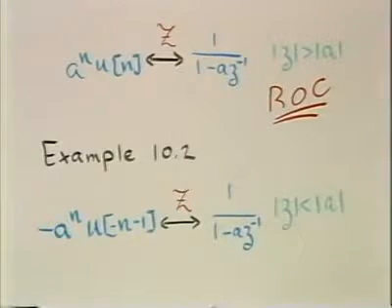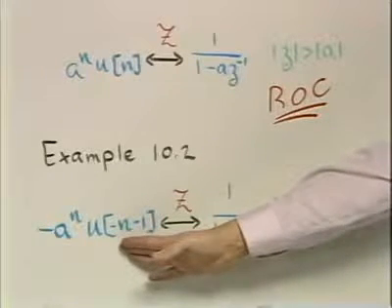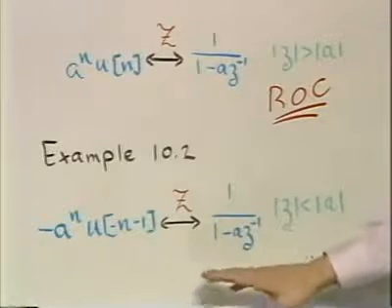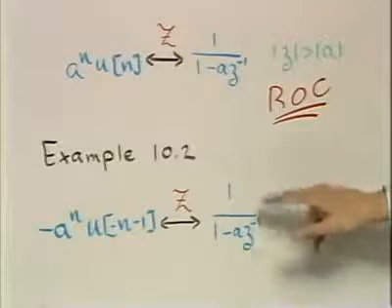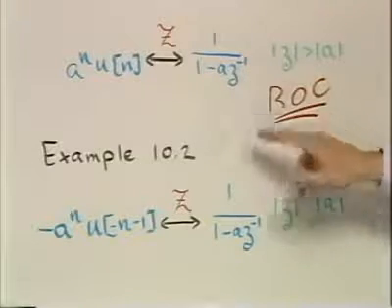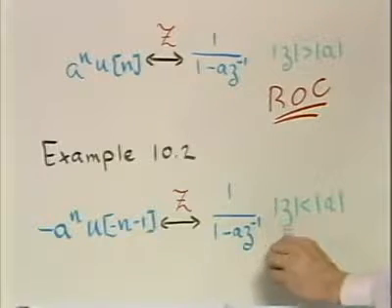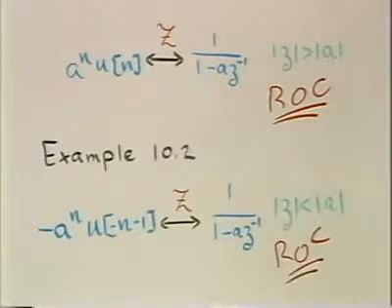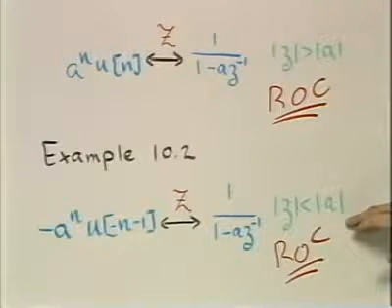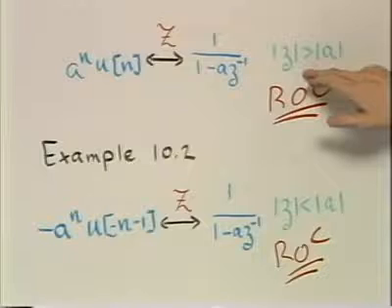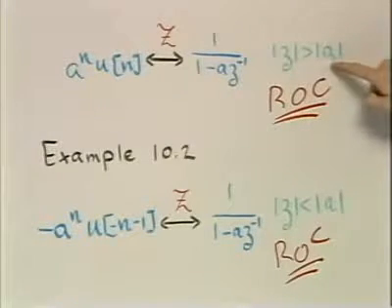And if you work that one through, what you find is that algebraically, the z transform of this sequence is 1 over 1 minus a z to the minus 1, identical algebraically to what we had up here, but now with a region of convergence which is the magnitude of z less than the magnitude of a, in contrast to this example where the region of convergence was the magnitude of z greater than the magnitude of a.